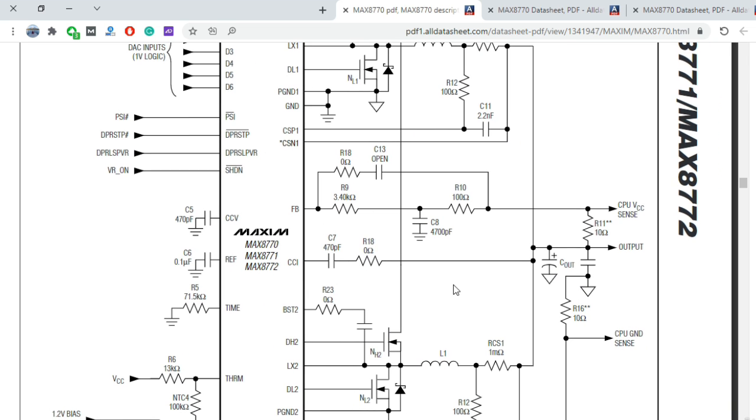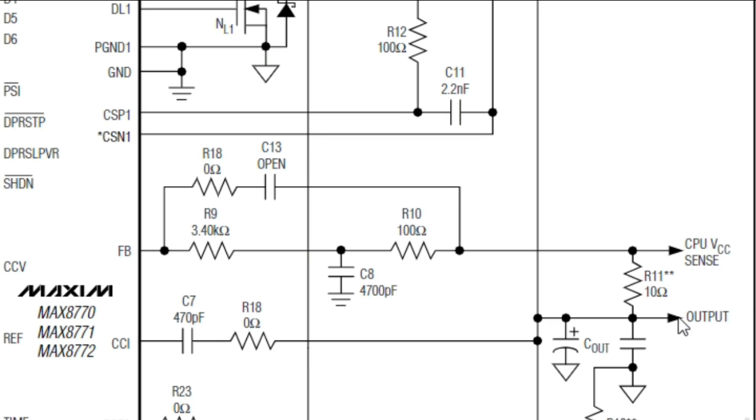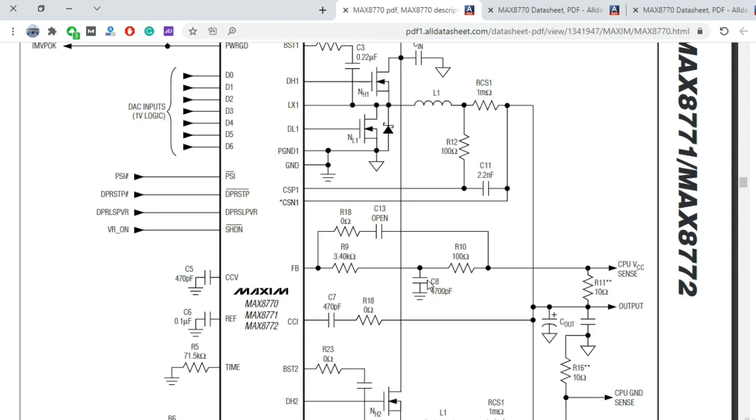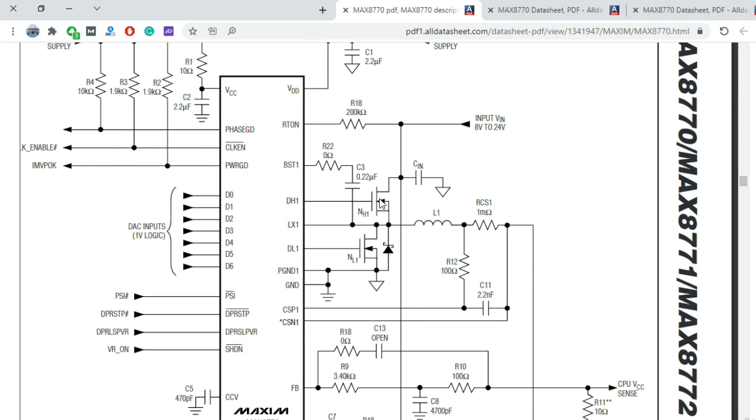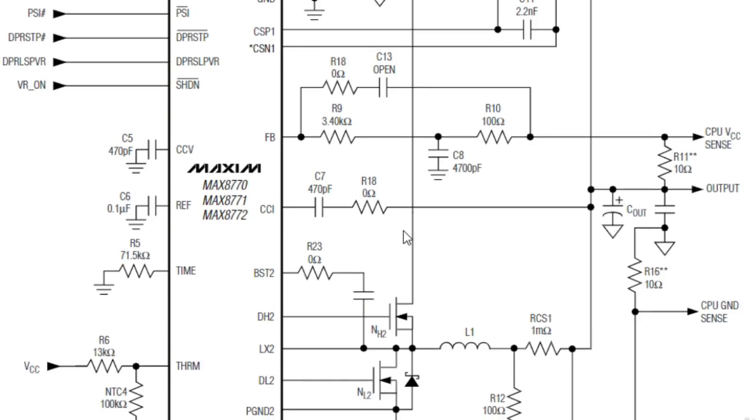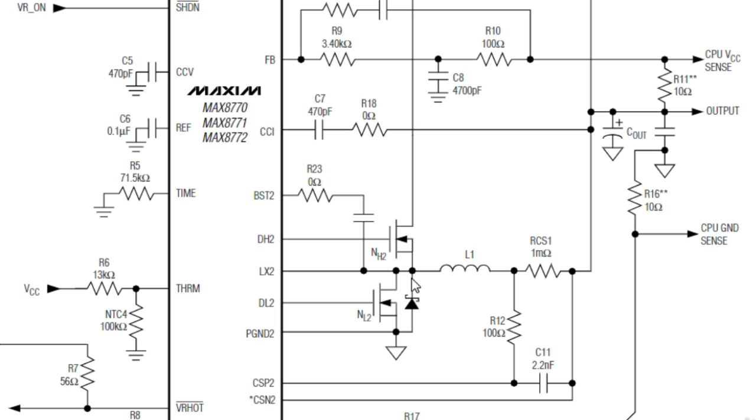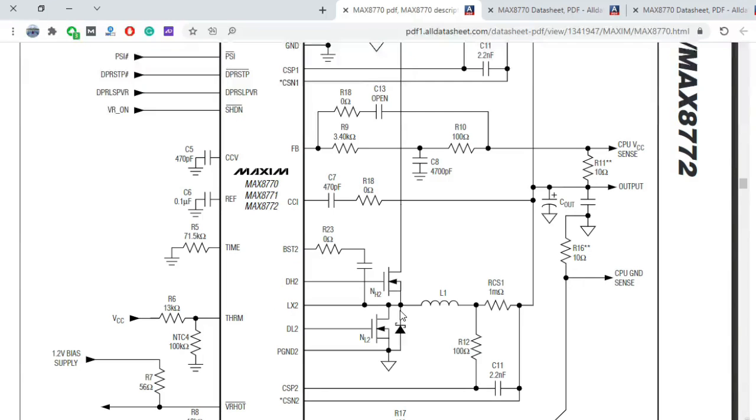As you see here we have the output, CPU VCC output here. As you can see, we have here two MOSFETs, and here also we have two MOSFETs, because the CPU always contains in its channel about 2 MOSFETs or 4.